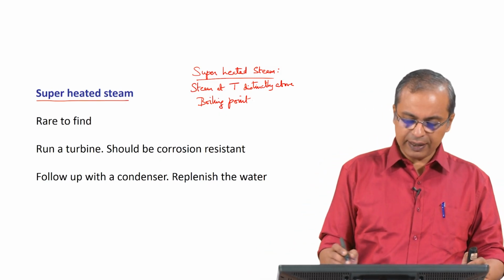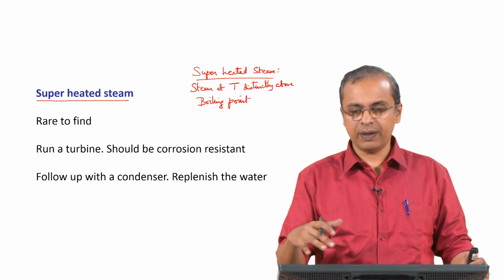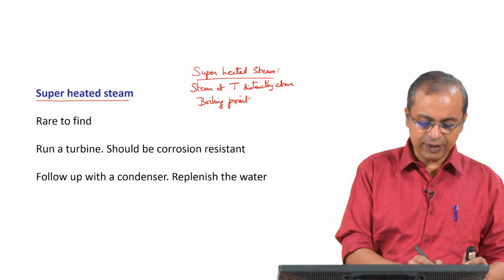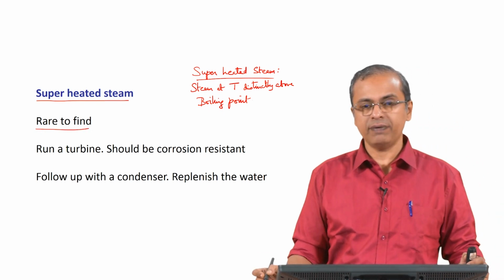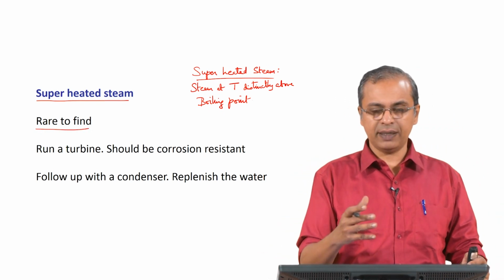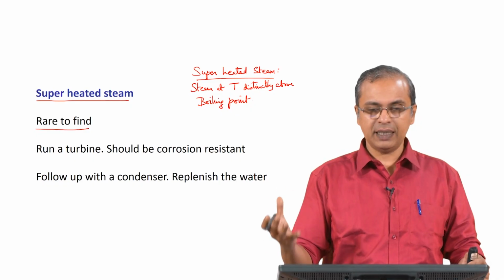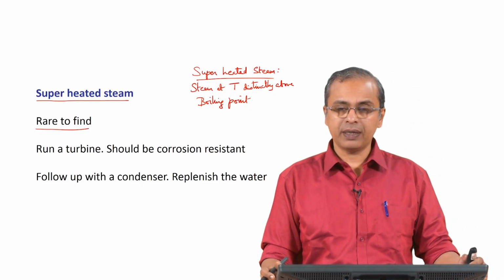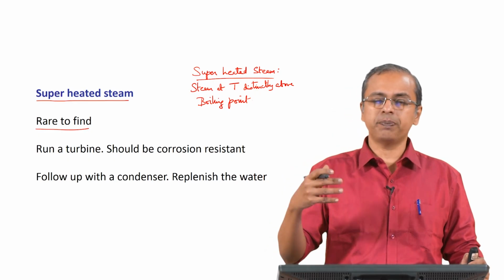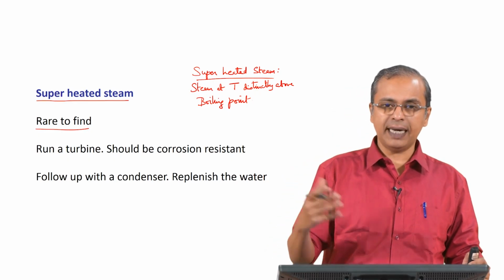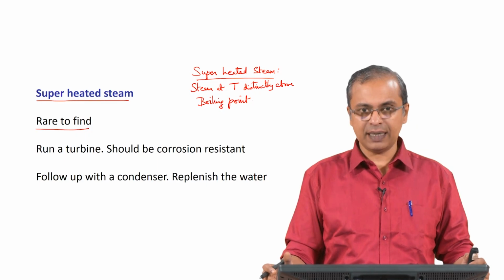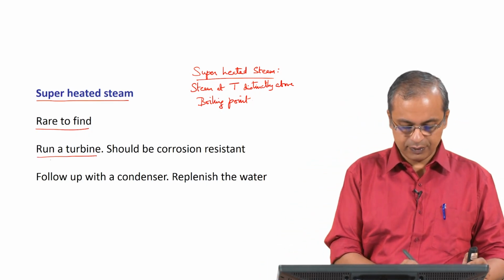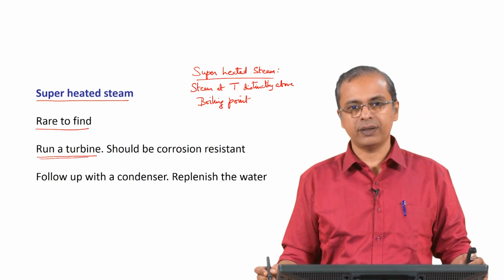First of all, in the grand scheme of finds that people make while prospecting, it is relatively rare to find superheated steam coming directly out from underground. But if you do find it in a location, it is a big positive because you can directly start putting a plant there and operating it, and you can directly use it to run a turbine.